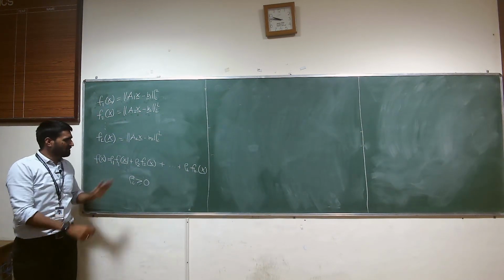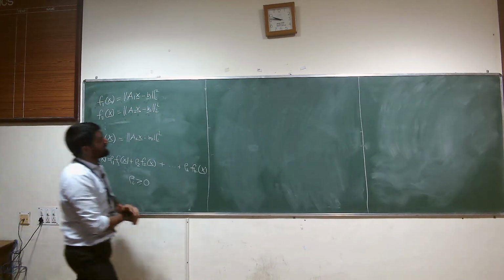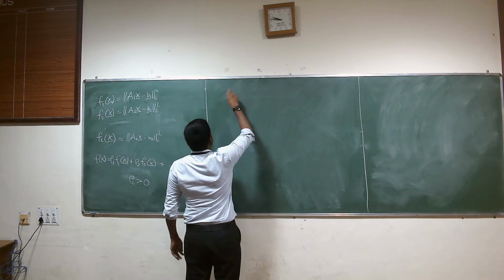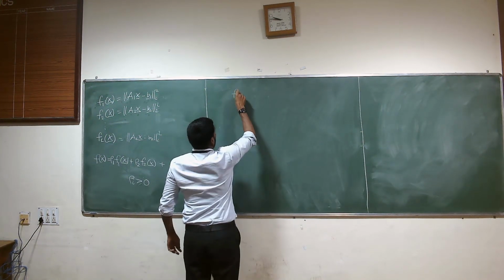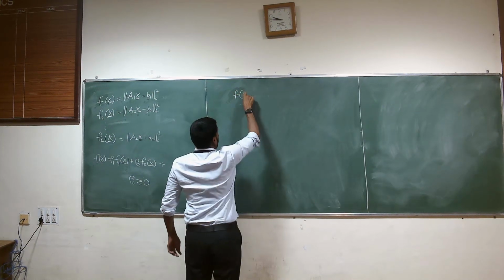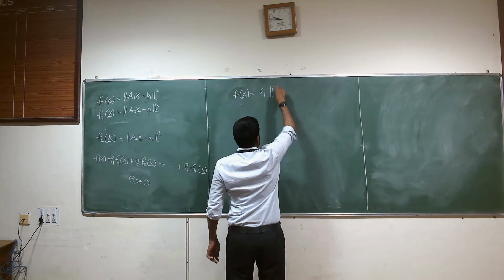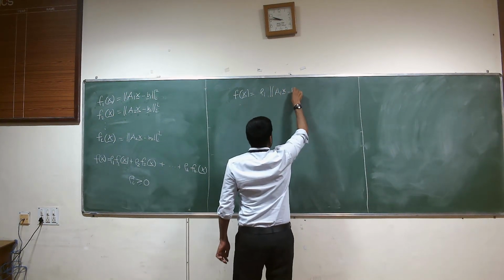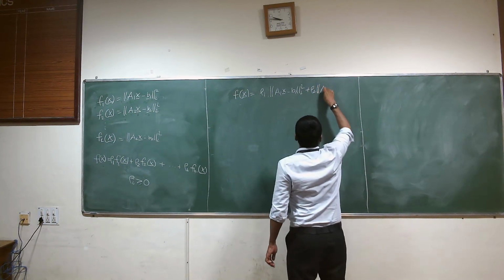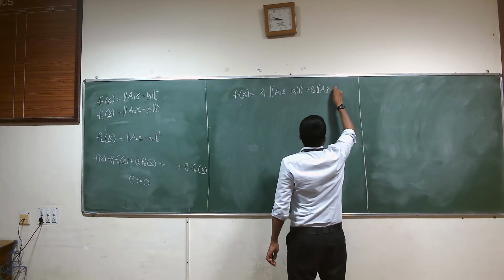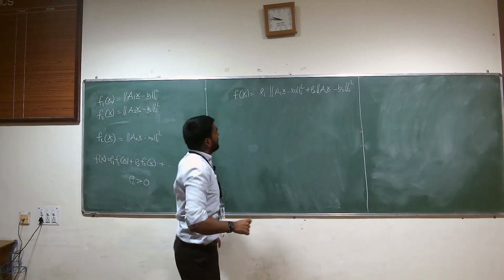This is one reasonable way of carrying out this optimization problem. Let's assume there are just two of them, f1 of x and f2 of x, and we can say f of x is simply rho 1 times f1 plus rho 2 times f2.